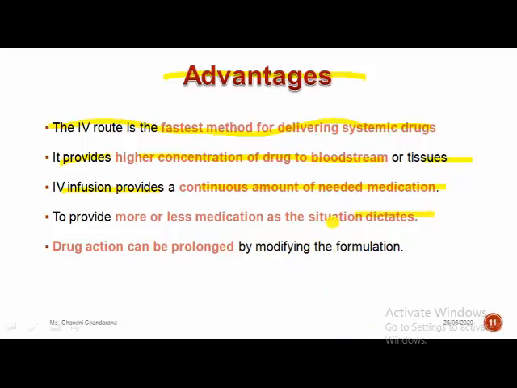So we can decide concentration. Drug action can also be prolonged by modifying the formulation. We can modify the formulation to increase the drug action. So these are the advantages of parenteral preparations.